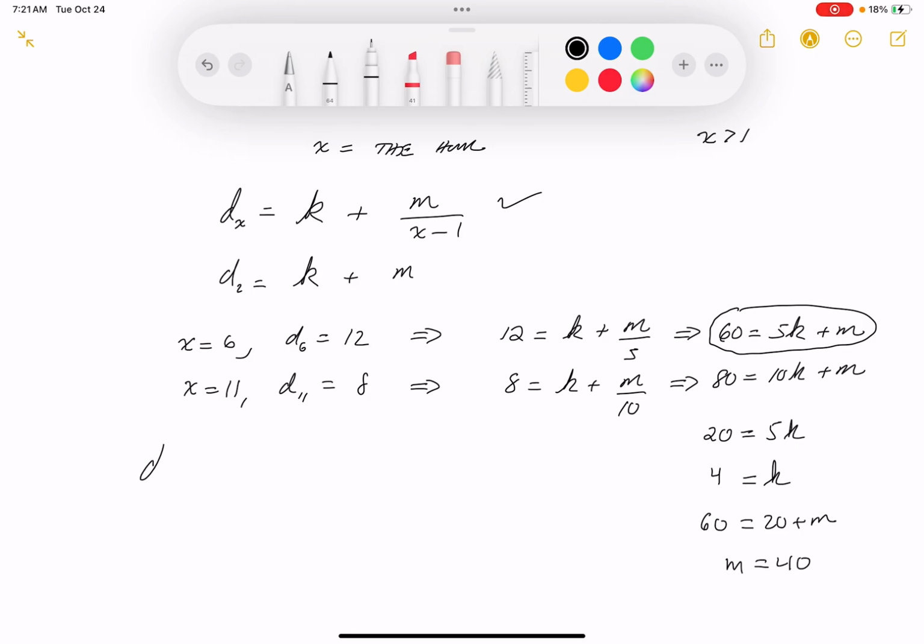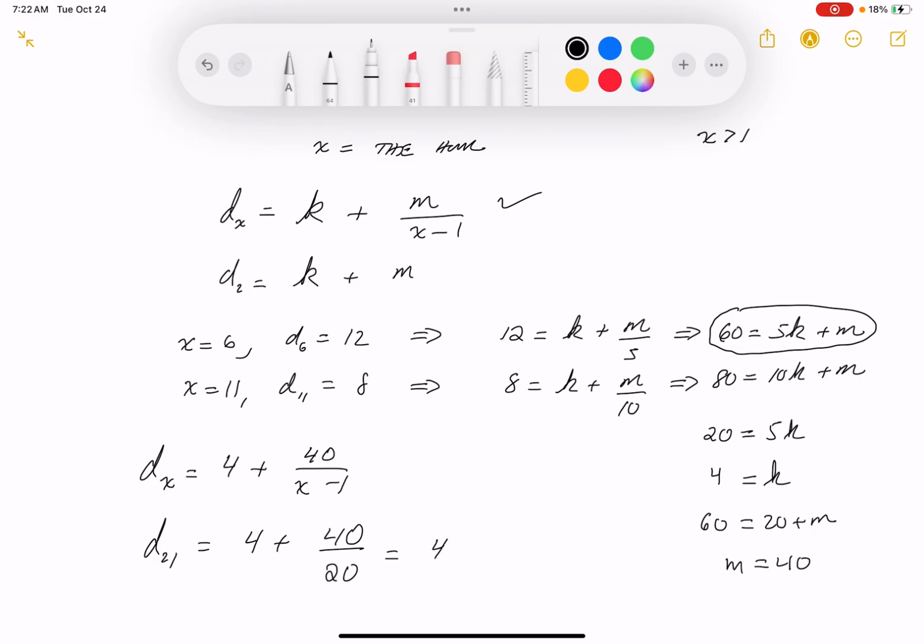So I know my formula now. D equals K, which is 4, plus M, which is 40, over X minus 1. Their question is, how far do they travel in the 21st hour? So it's going to be D21, which is 4 plus 40 over 21 minus 1, which is 20.